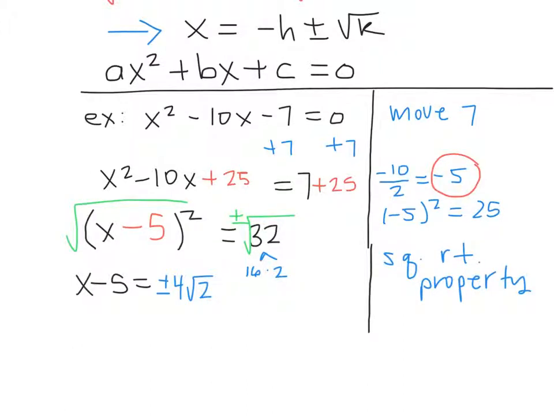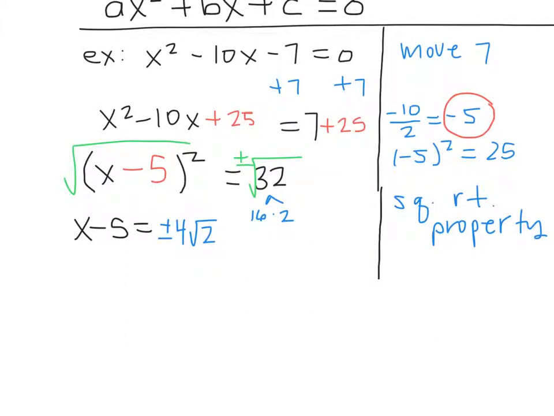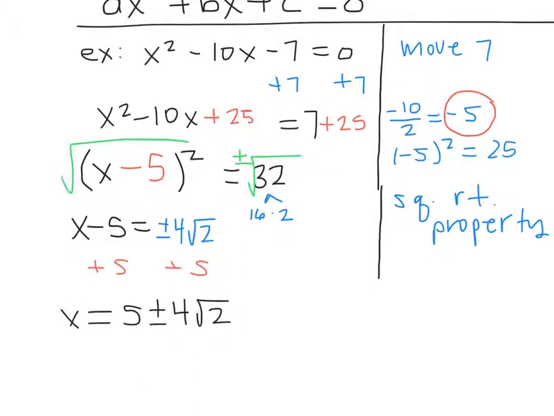And then finally we can add 5 to both sides. If we're adding 5 to both sides, we get x is equal to 5 plus or minus 4 square root 2. And those are our two solutions. So remember, we've got two solutions here.